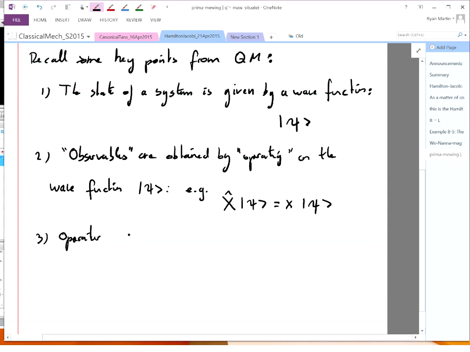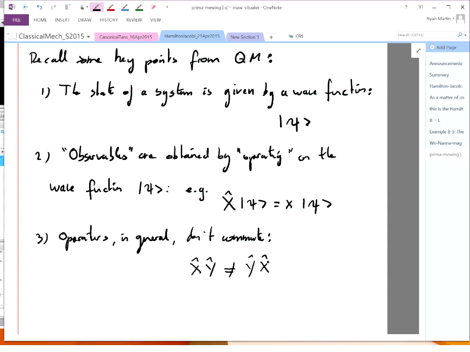Operators, in general, don't commute. So typically, if I want to measure x and then y, I'm not going to get the same values as if I measure y and then measure x. So in general, they don't commute, but sometimes they do.